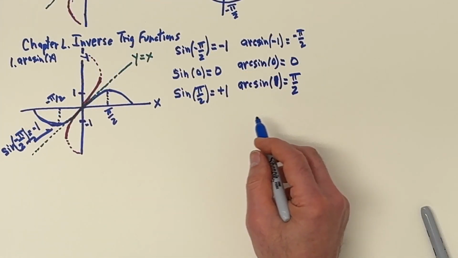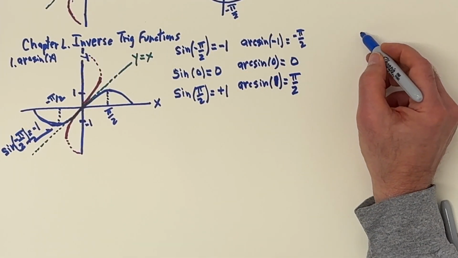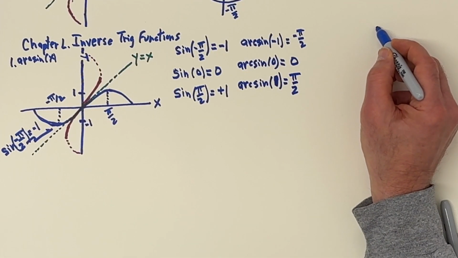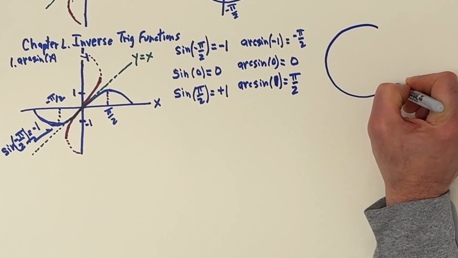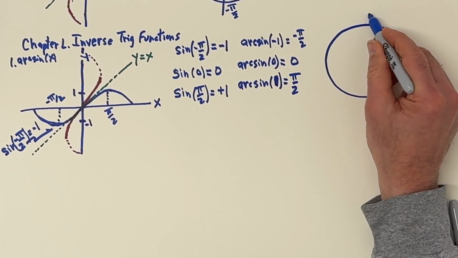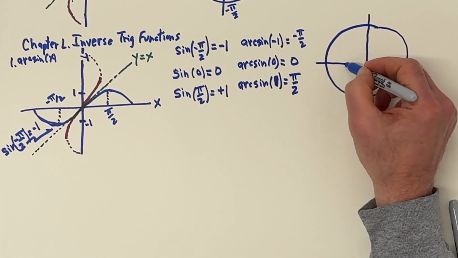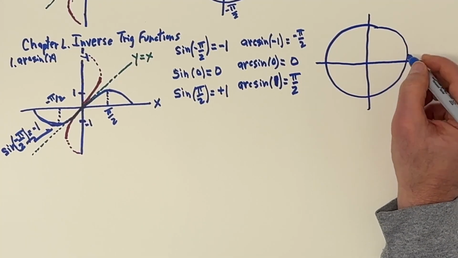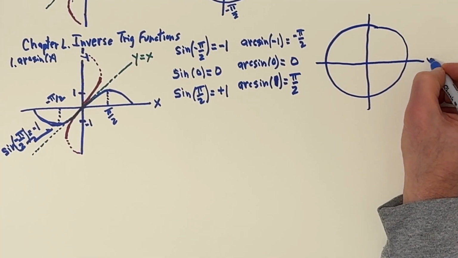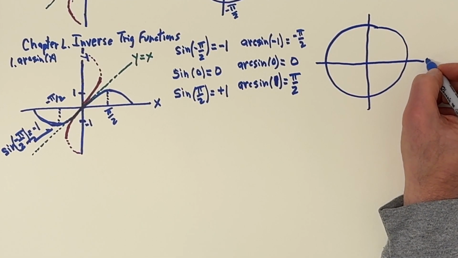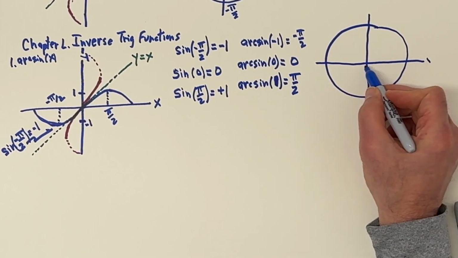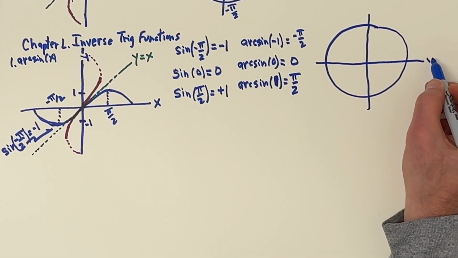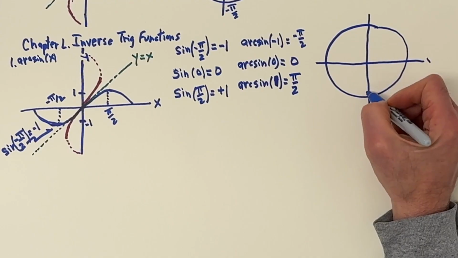Now to help see this, we can go with a nice little unit circle like this, just to help us review our trig. And then here, this is going to be the place on the unit circle where we have the cosine. And then the sine is going to be here.